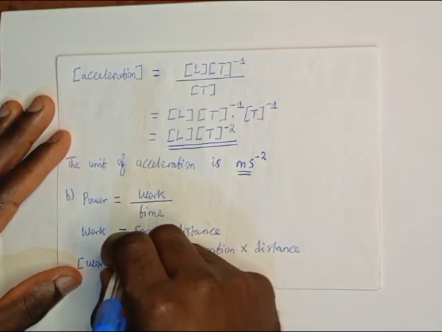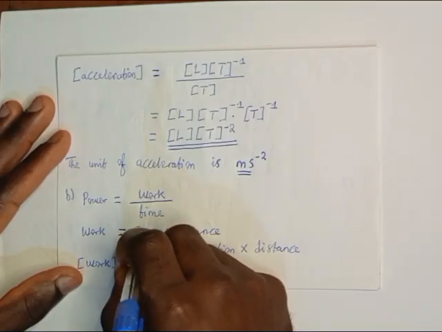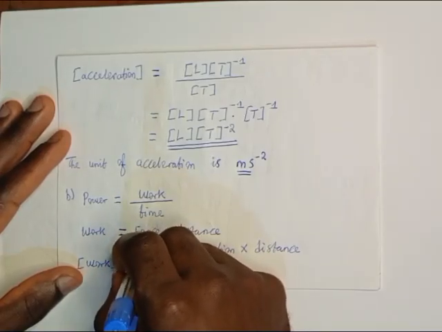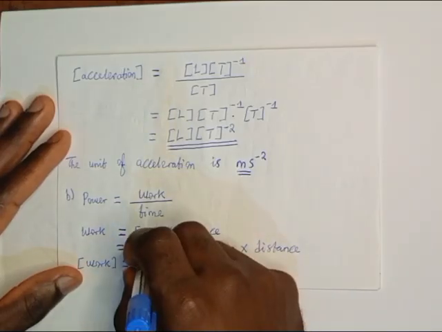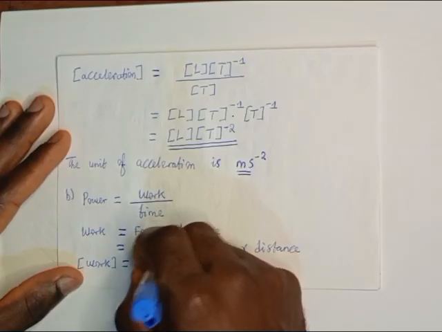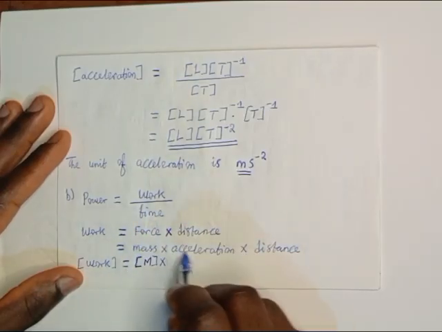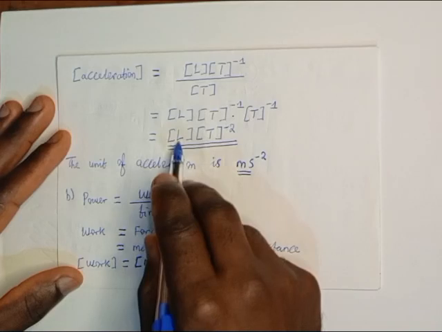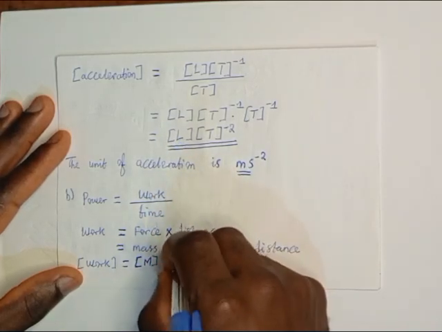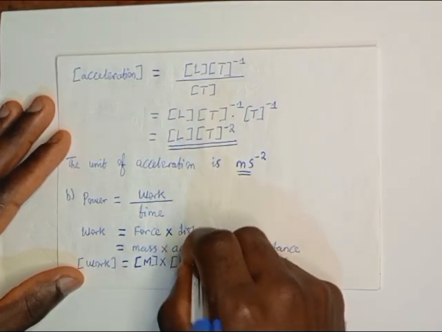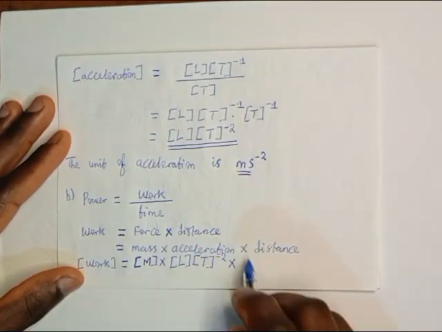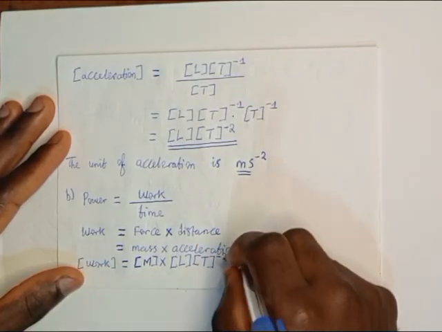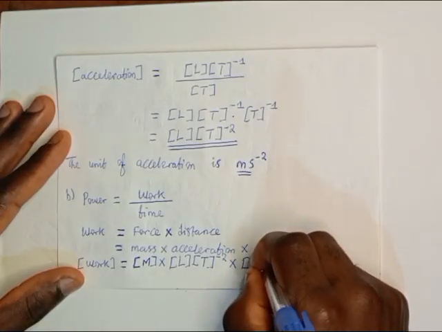This will give us the dimension of mass, which is simply M, times the dimension of acceleration, which is L times T all raised to the power negative 2, times the dimension of distance, which is L.